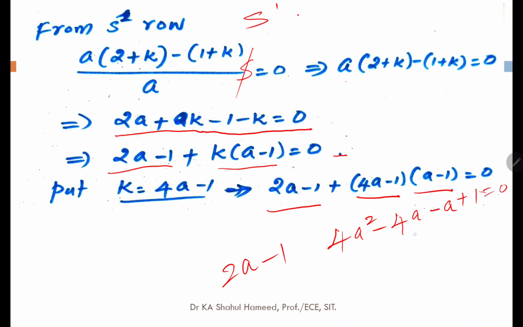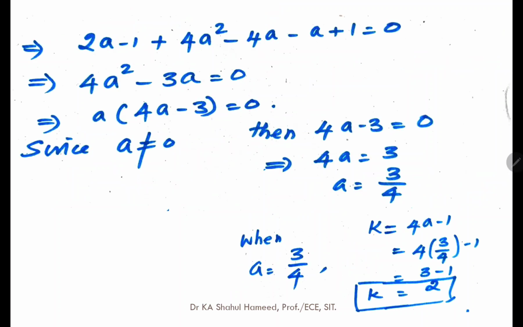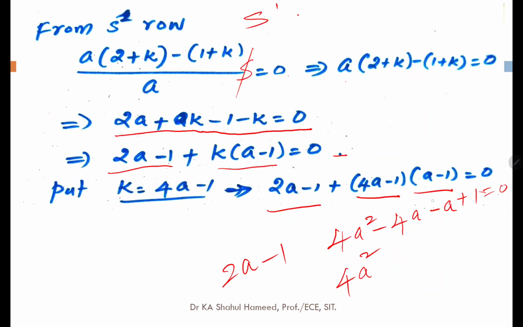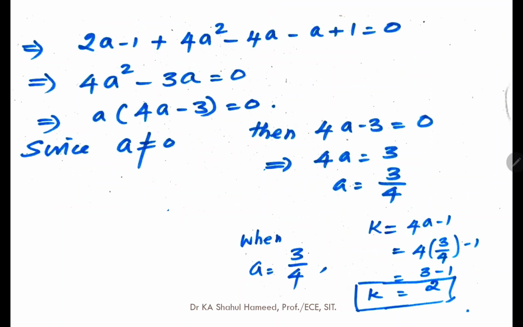So I'm just taking a square, a and constant. So I'll get 4a square minus 5a plus 2a is minus 3a, and the 1 cancels, the constant cancels, which is equal to 0. So I get 4a square minus 3a is equal to 0.